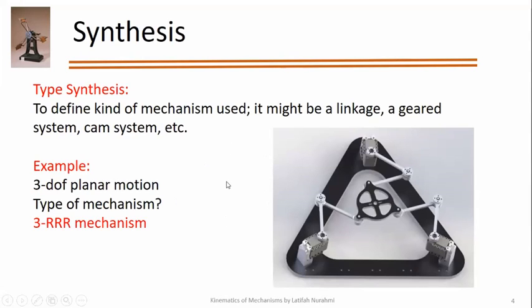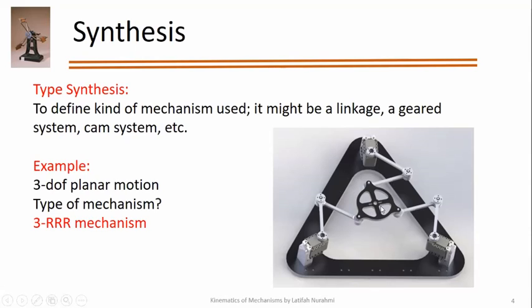So here's an example. This is a 3RRR robot. Why 3? This is revolute, revolute, and revolute, and these links are 3. So this is a 3 degree of freedom planar motion you are able to achieve. Whatever way you are moving these links, this plate that you have attached to all the 3 links will always be in a plane.